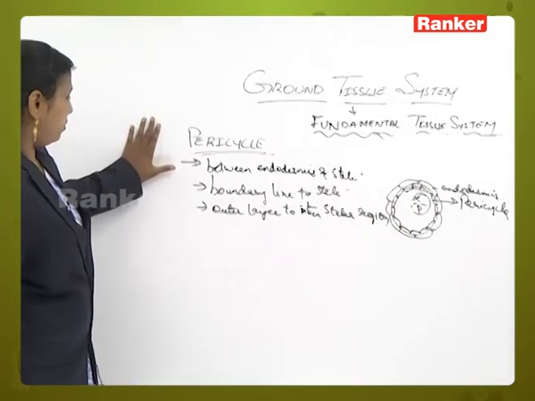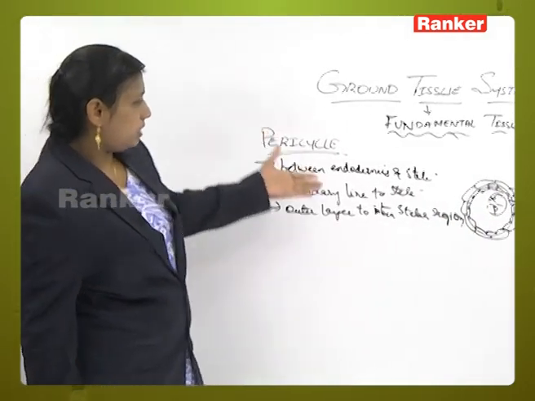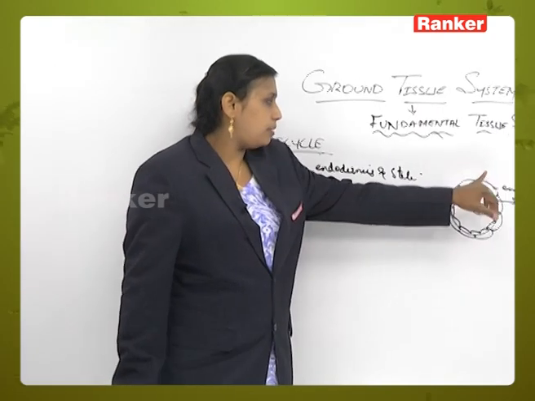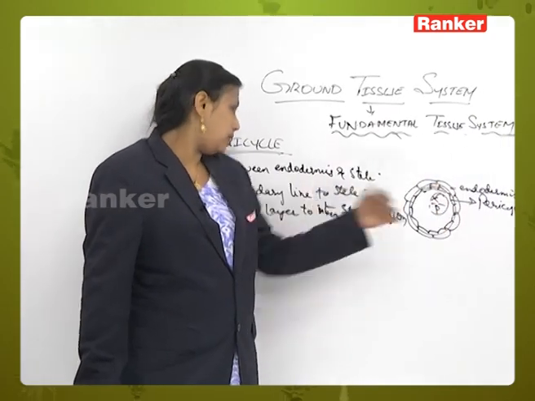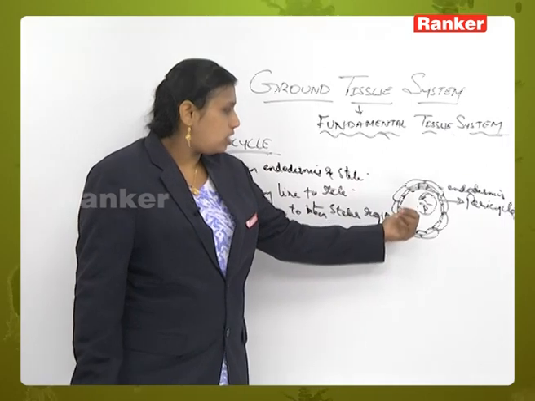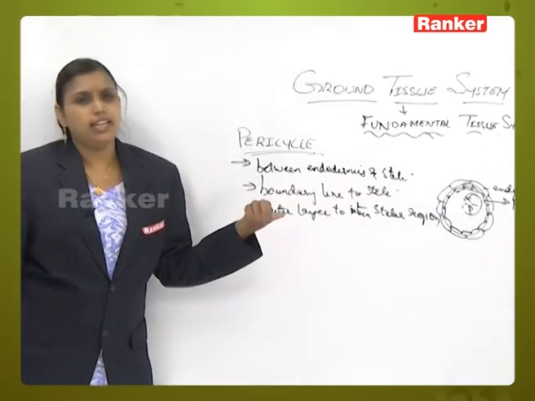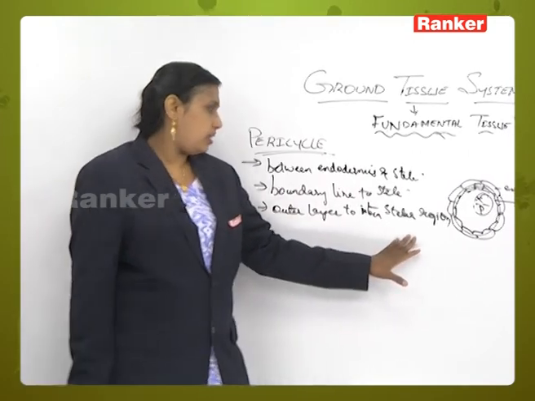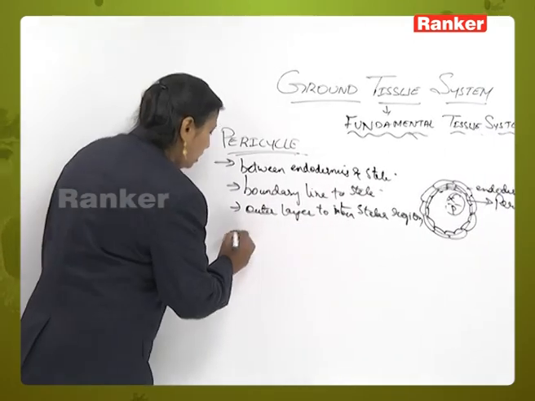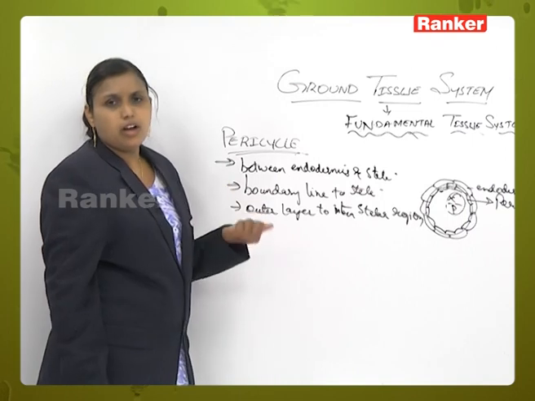It is also called the outer layer of the intrastellar region. It is a barrier between the endodermis and the stellar part.